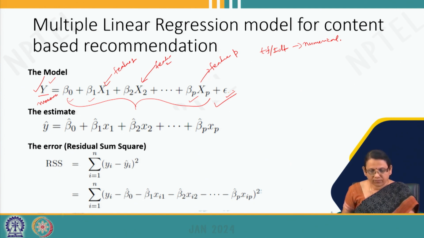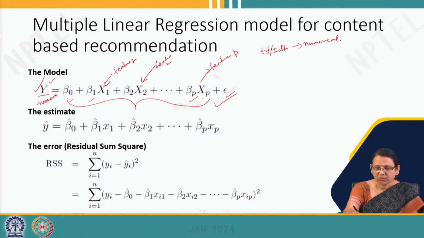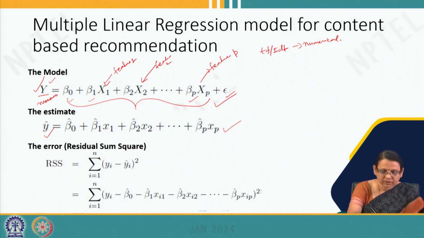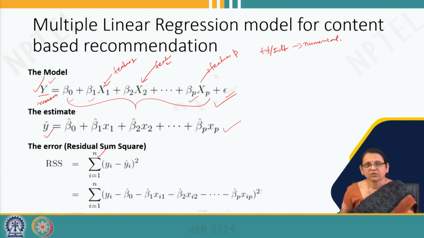Now, when we solve this model and determine the estimated values of beta 0 to beta p, based on this estimate we find the estimate of y, and in our data set we have a total of n observations.